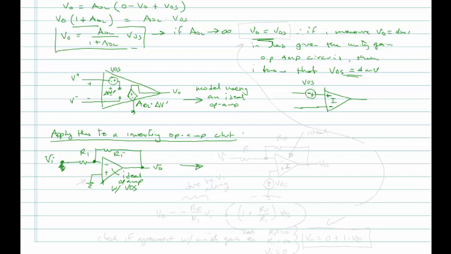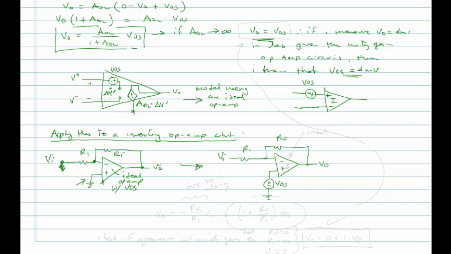The way that I'm suggesting is to redraw the circuit and add VOS externally. Don't try to add it internally to the op-amp, just add it externally. I put it in series with whatever's connecting to the non-inverting input. And the non-inverting input connection is just a grounded connection. So here I just ground my VOS.